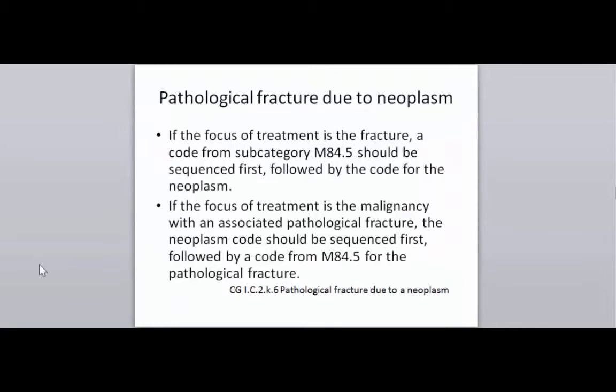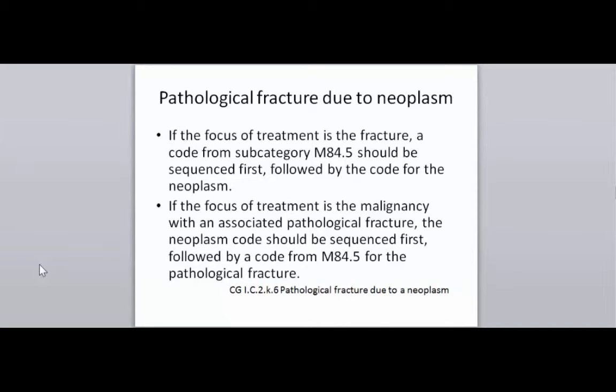Also remember that pathological fractures can be due to cancers, to neoplasms. If the focus of treatment is the fracture, then you're going to use a fracture code, and in this case, it is M84.5, fracture due to neoplasm, followed by the code for the neoplasm.